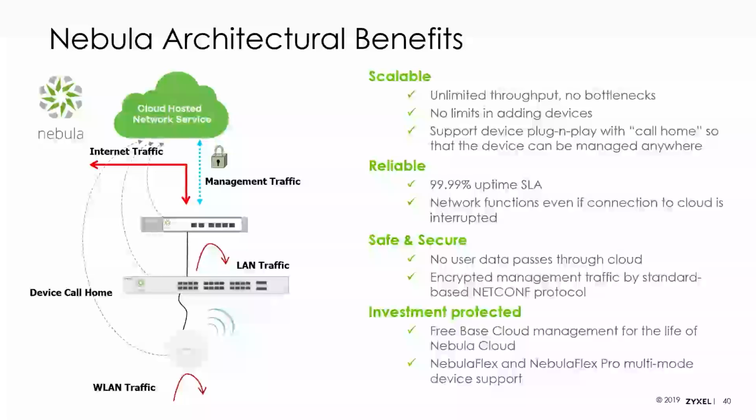So obviously that can be a bit of a nightmare from a PCI and HIPAA compliance standpoint. With us, nothing touches our cloud except for management traffic: the log data being uploaded from the device to the cloud, and any configuration changes you're making, which are pushed from the cloud to the device itself. Otherwise, nothing private, nothing that would affect PCI or HIPAA compliance, is there for you.